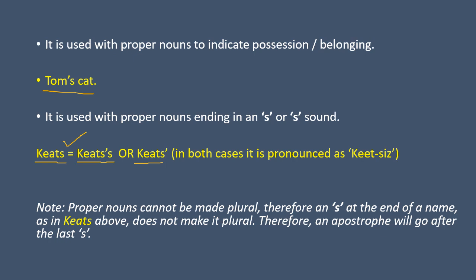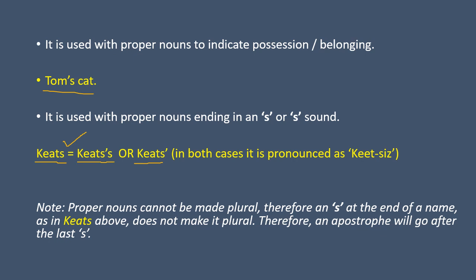Okay, so because this is an s which is part of Keats's name, that's why we will treat this like a plural with an s. So what we do is we just write an apostrophe, and then in some conventions we have to write an s at the end.